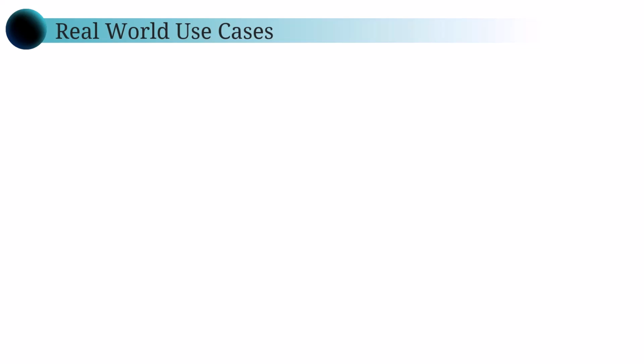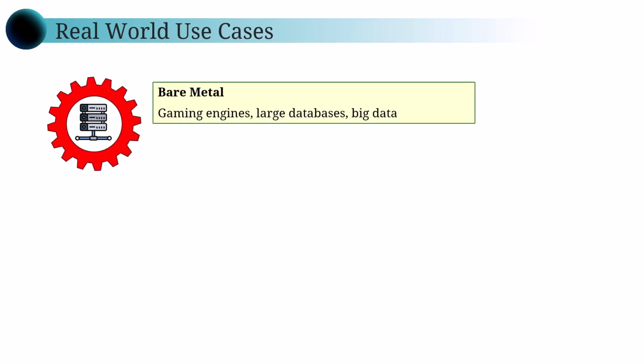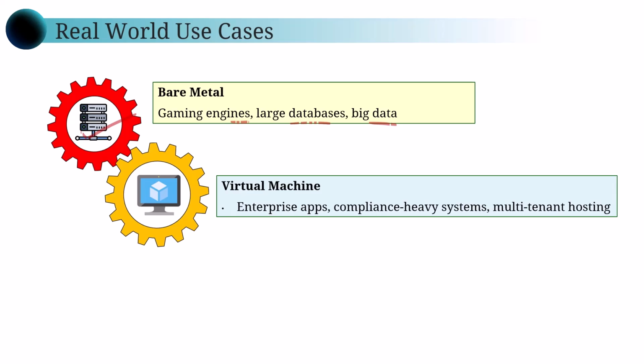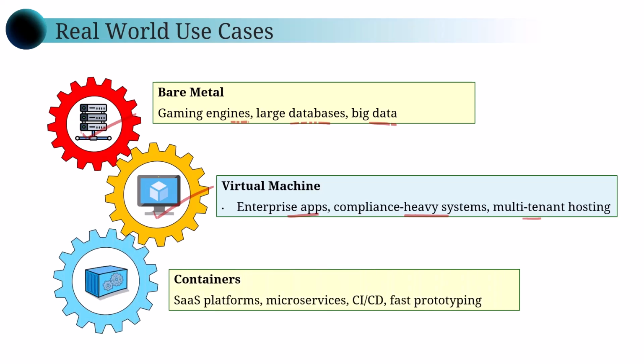Let's summarize the real-world use cases. Bare metal servers are extensively used in gaming engines, large databases, and big data. Virtual machines are used in enterprise applications, compliance-heavy systems, and especially multi-tenant hosting. Containers are the de facto for microservices, SaaS platforms, CI/CD pipelines, and fast prototyping.